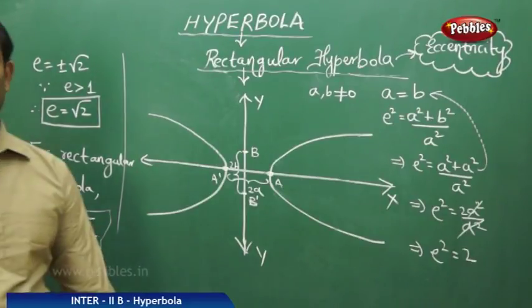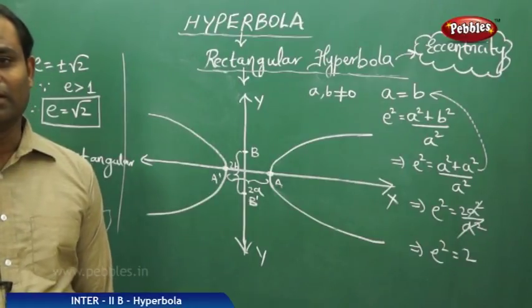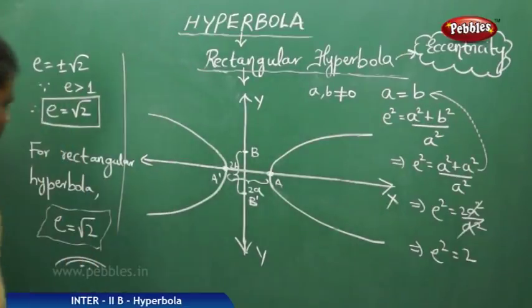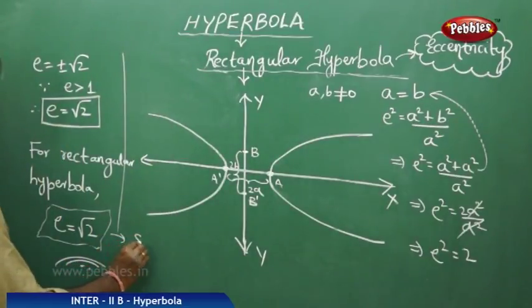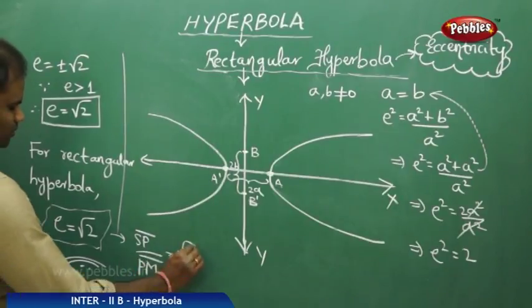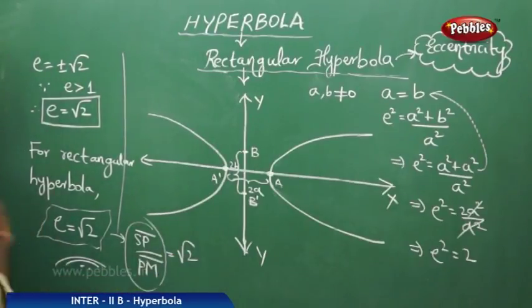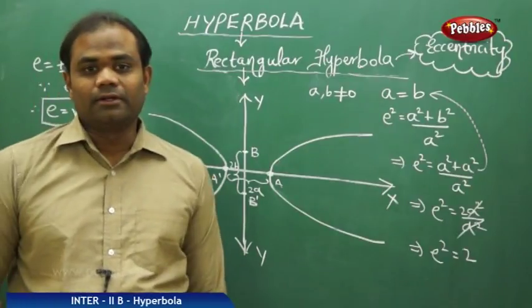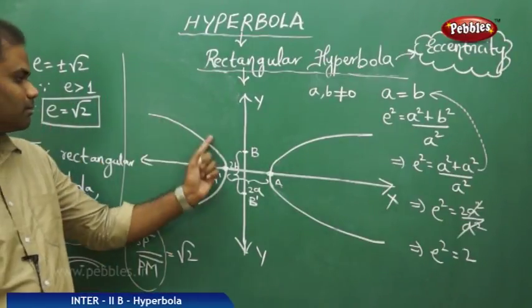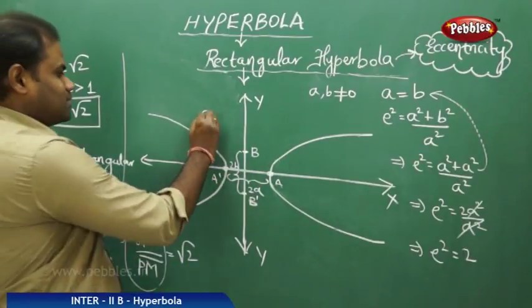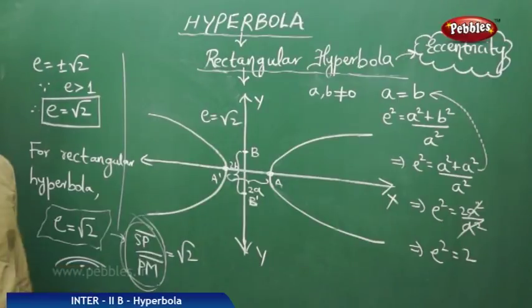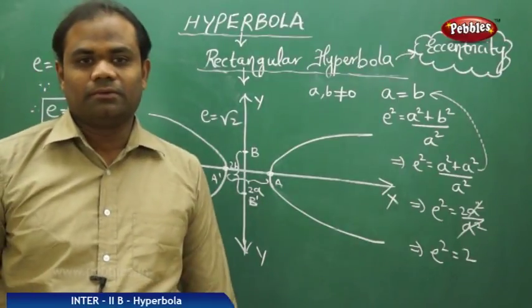When the eccentricity is root 2, or when SP by PM is root 2, the locus is a rectangular hyperbola. The locus of points derives a rectangular hyperbola if the eccentricity is root 2, that is, SP by PM is equal to root 2 in the ratio.